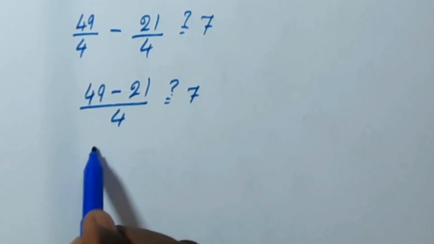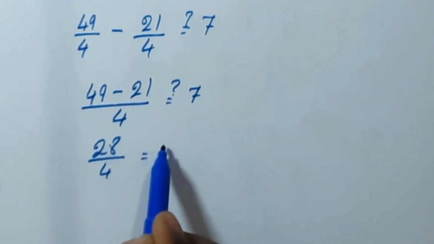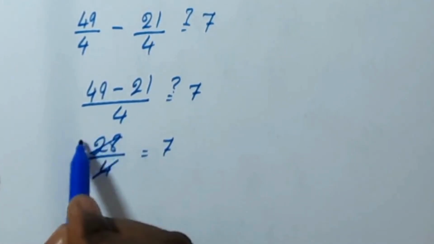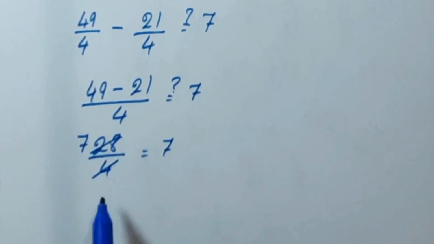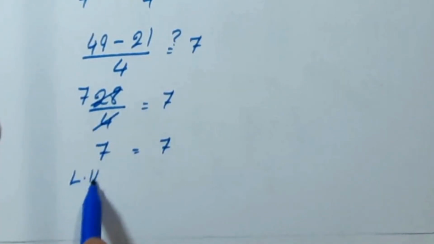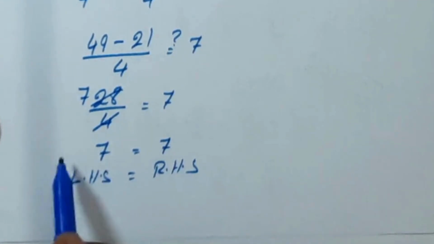So 28 by 4 equals 7. Now simplify this, here it is 7. So 7 equals 7. LHS equals RHS. That's verified.